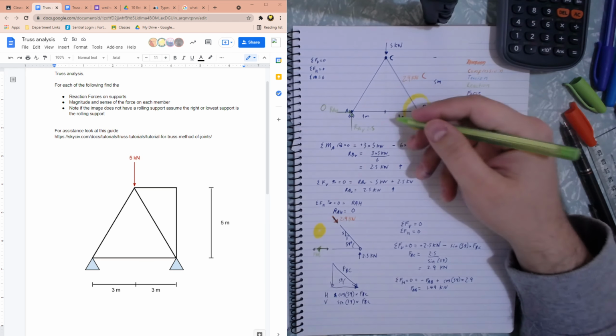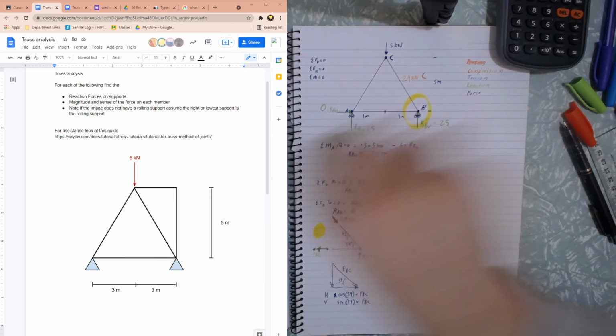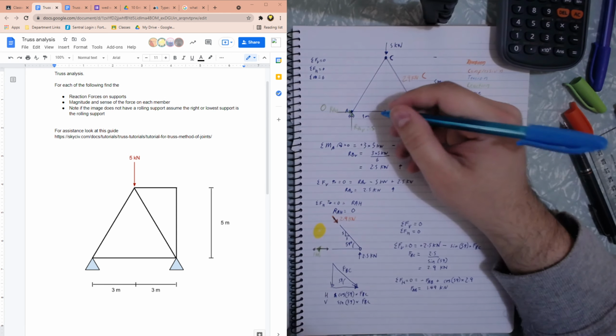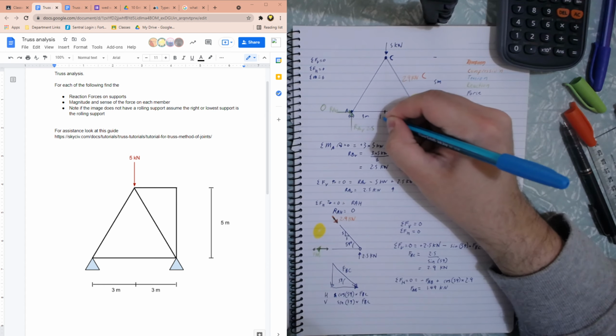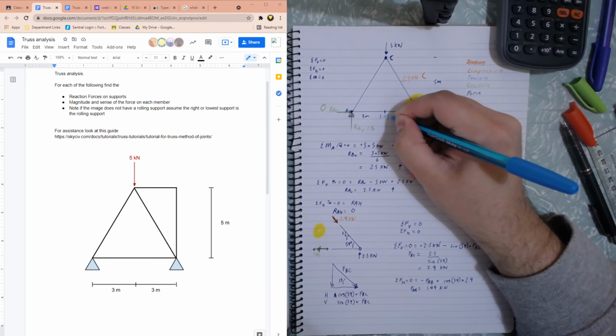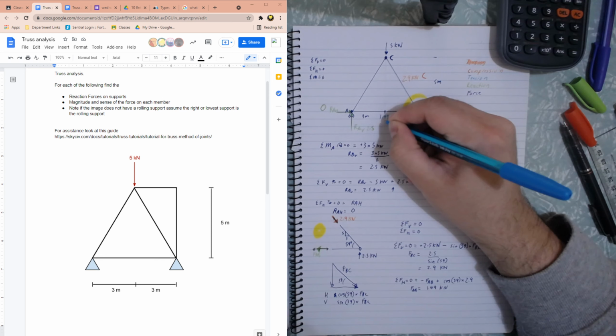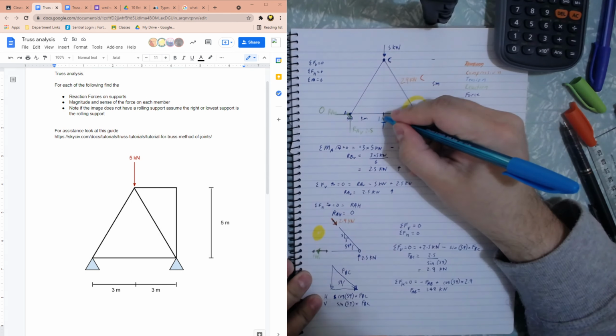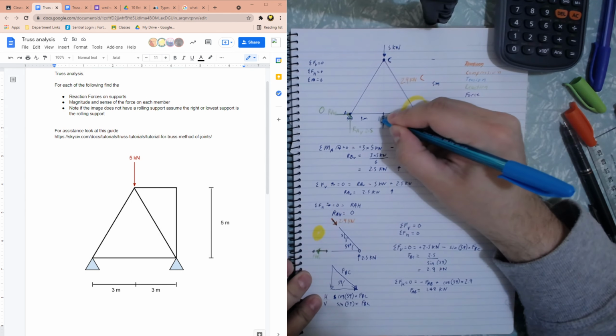And over here, oh, I've been doing it wrong. Green isn't tension, it's blue. My bad. Pretend FAB is in blue. And then over here we have 1.49 kilonewtons in tension. So that's what the T is for. Hopefully you can see that 1.49.